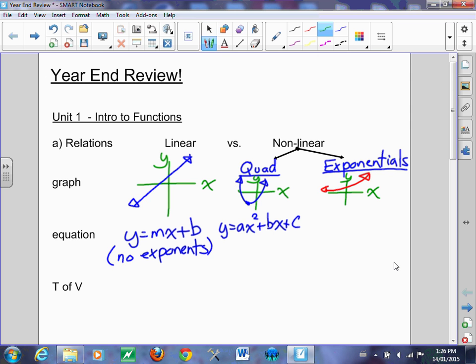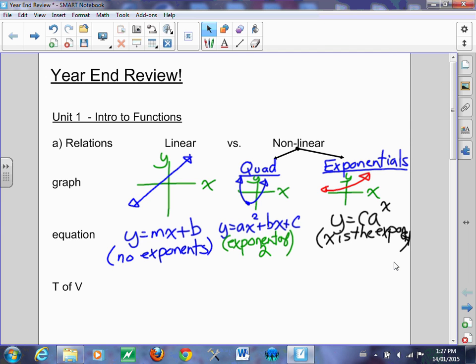It's going to be an exponent of 2 for quadratic. Okay? And taking a look at an exponential, you may have been introduced earlier. If not, y equals c a to the x. Okay, c is your initial value, a is your base, and x, which is your independent variable, is in the exponent. So the way you can tell if you've got an exponential function is x itself is the exponent. Okay, so x is the exponent.